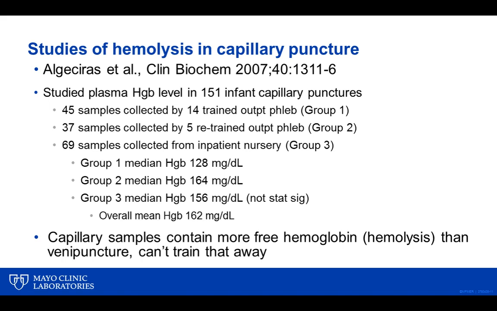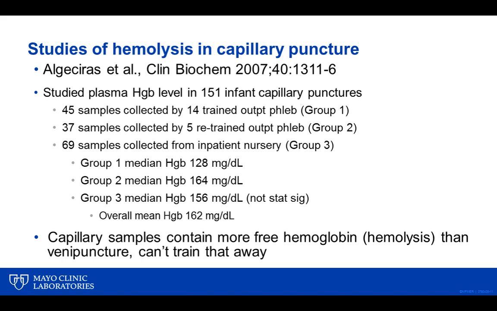So we did a study trying to see if we could, by retraining our phlebotomists who were doing capillary punctures, get better samples with less free hemoglobin, therefore less cell breakage and more accurate potassium. And we really found we couldn't. So we looked at 45 samples collected by trained outpatient pediatric phlebotomists.